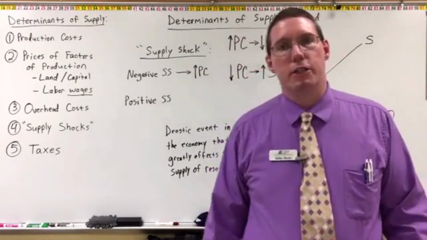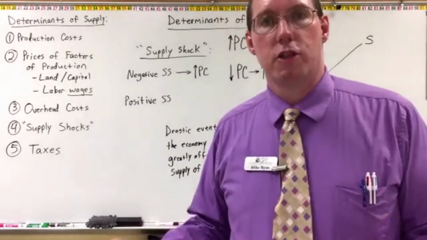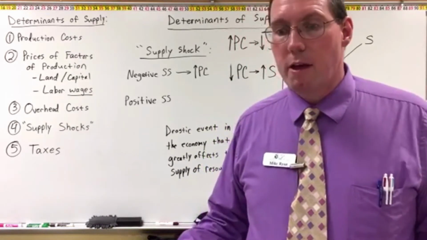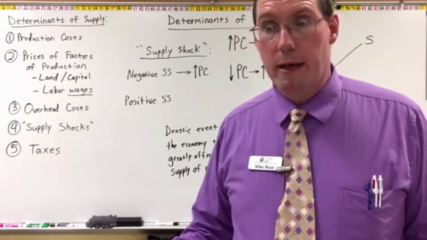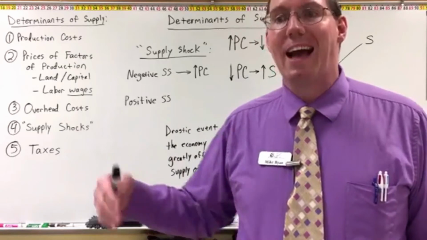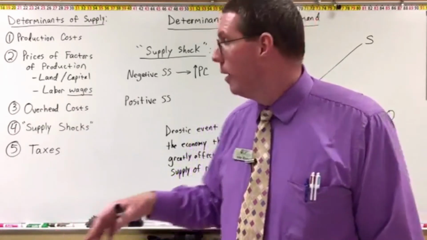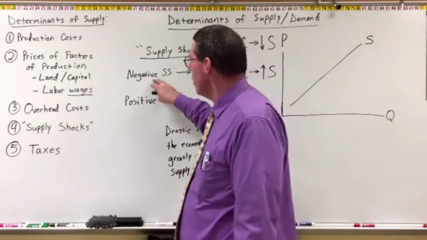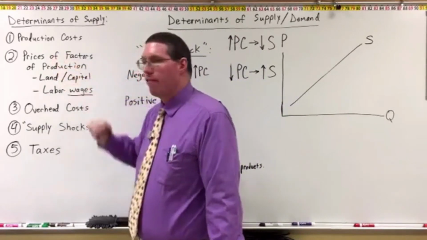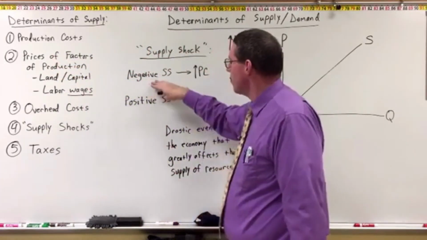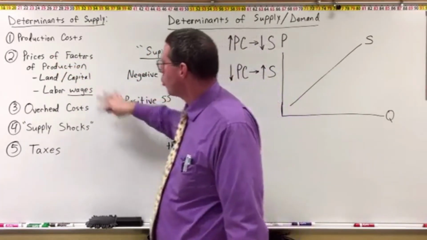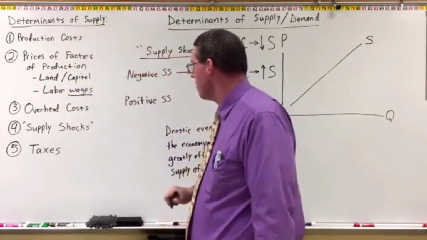A negative supply shock makes it more expensive to do business because let's say you really need to get some plywood. Well, you'll pay extra money to get the plywood. And ultimately what that's really doing is it's causing an increase in the price of a factor of production. So a lot of times these supply shocks work through some of these other things.